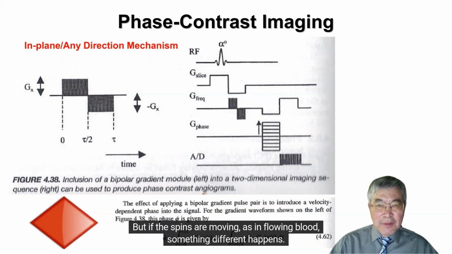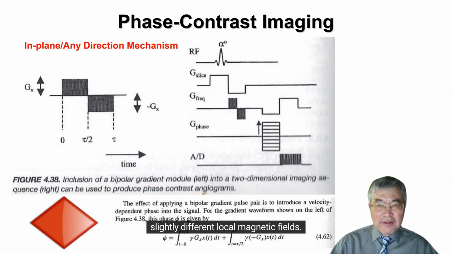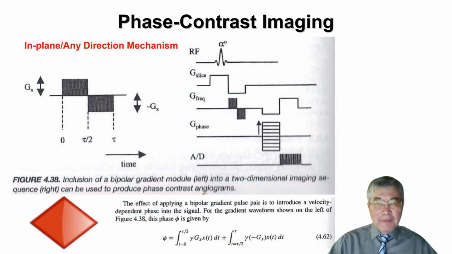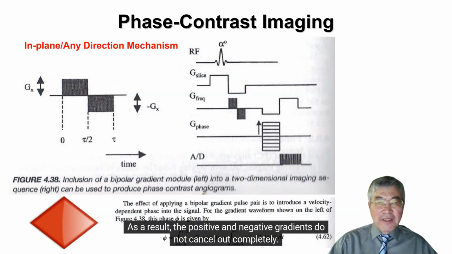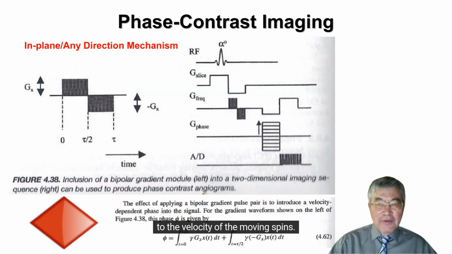But if the spins are moving, as in flowing blood, something different happens. Between the two gradient pulses, the blood cells physically move to a new position, so they experience slightly different local magnetic fields. As a result, the positive and negative gradients do not cancel out completely. The motion introduces an extra phase term that accumulates over time, and this additional phase is directly proportional to the velocity of the moving spins.